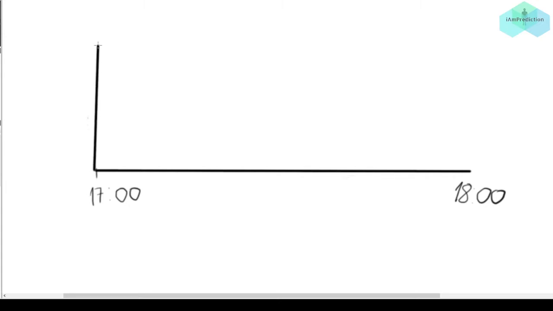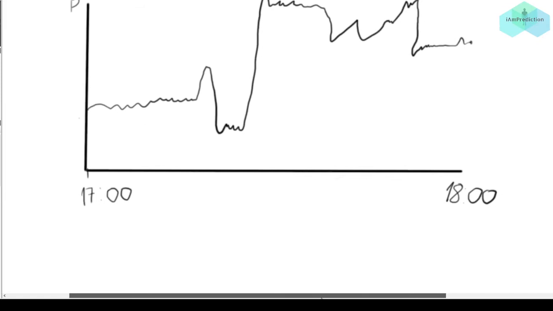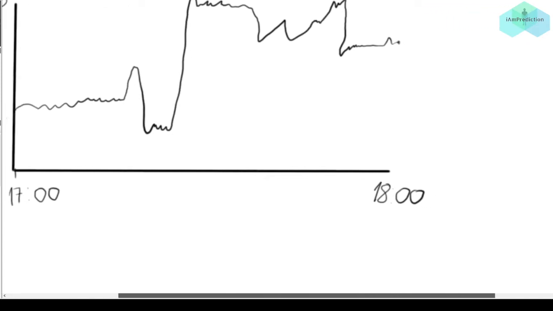Let's also draw our y-axis, which is the price, right? So here the price starts like this. It goes up, it goes down, it moves up, it moves something like this, and it exits at this point here. So you cannot really tell what's going on. There's so much noise. So what we can do is look at the candlestick representation of this.